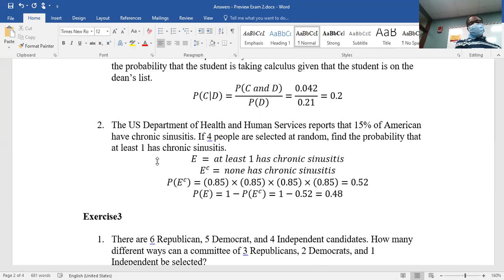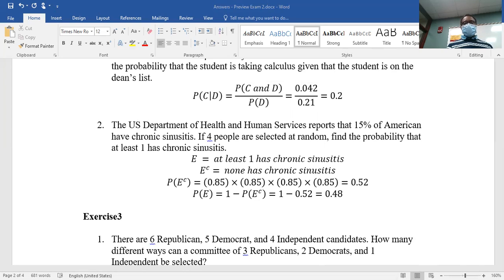If you use it as a binomial distribution, what will be the probability of success here? 0.15. What is n, the number of trials? 4. So for at least 1, it means P of x greater than or equal to 1. Let's check that. So the probability of success here is 0.15. Number of trials, 4.